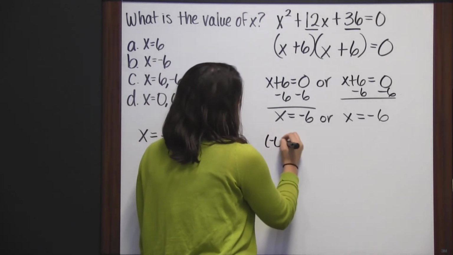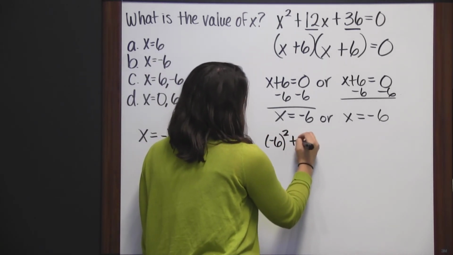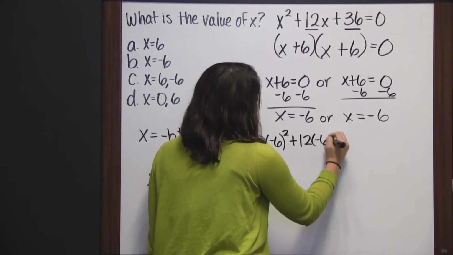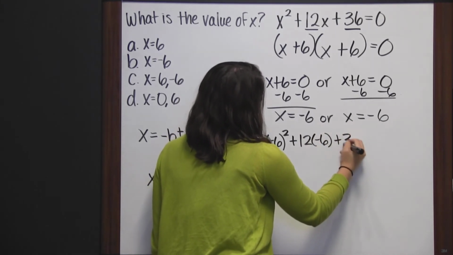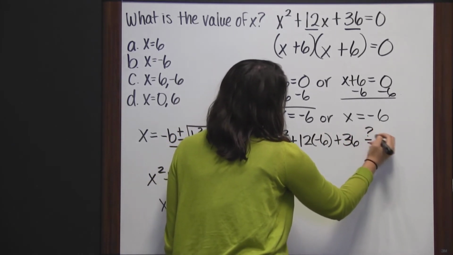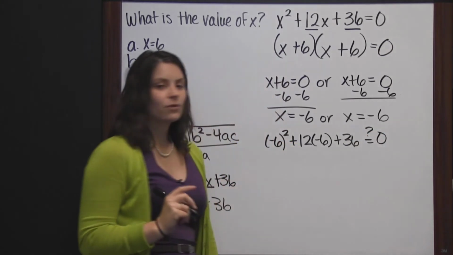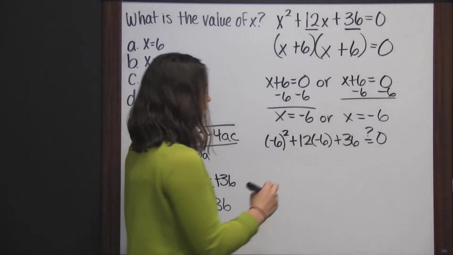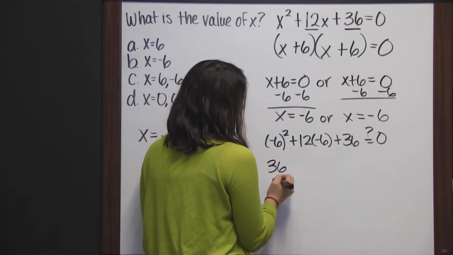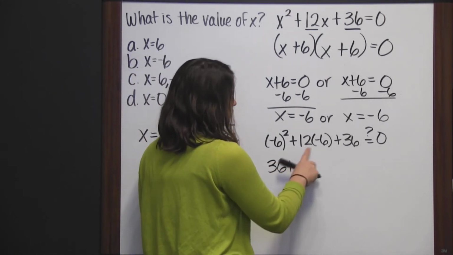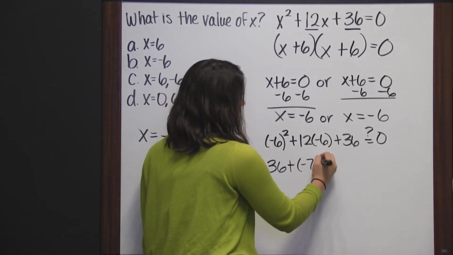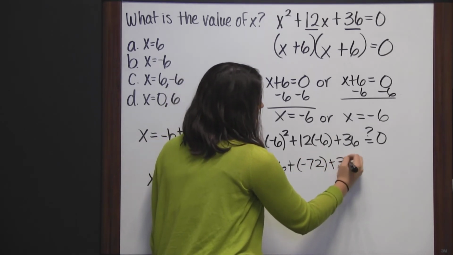So that's negative 6 squared plus 12 times negative 6 plus 36. And what I want to know is, does that equal 0? Negative 6 squared, a negative 6 times a negative 6 is 36, plus 12 times negative 6 is negative 72, plus 36.